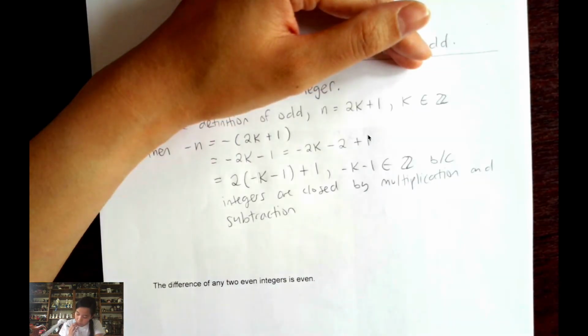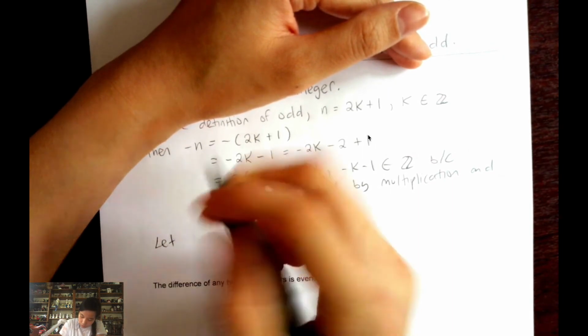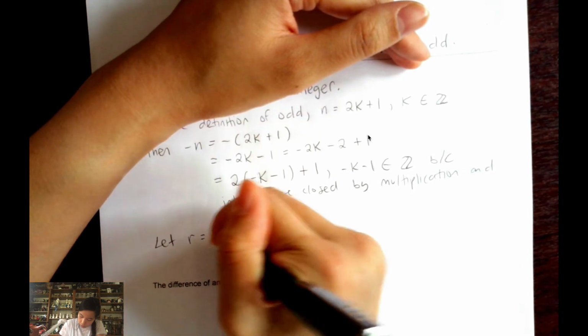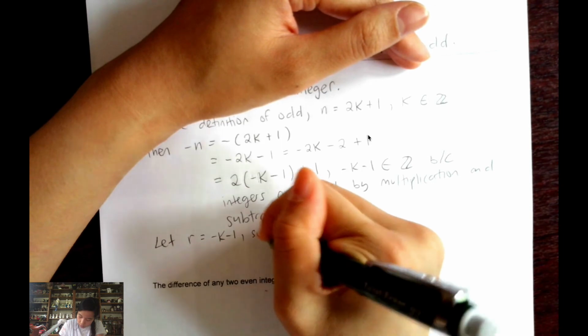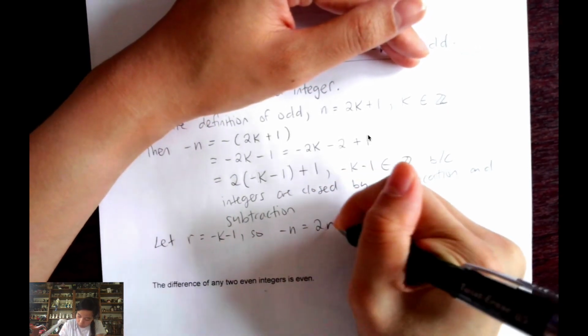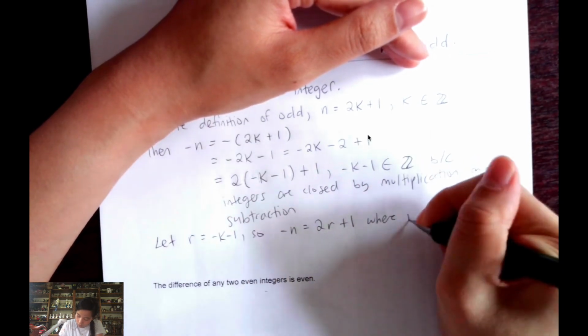So now we could say let r equal negative k minus 1. So negative n equals 2r plus 1, where r is an integer.